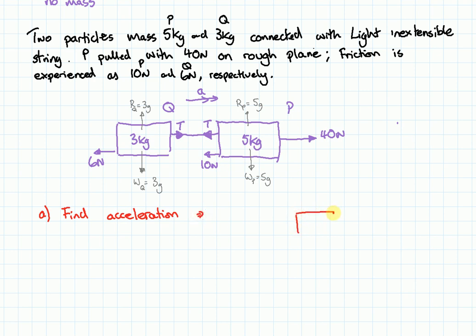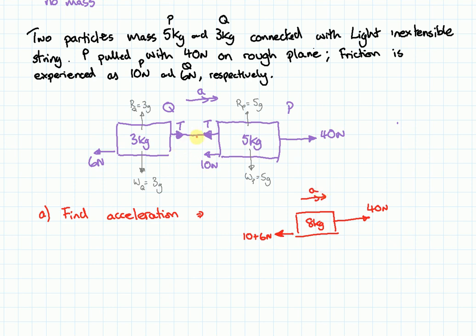So we've got a single mass. The mass is 8 kilograms, being pulled one way with 40 newtons, being pulled back with resistance forces together. So it's got 10 plus 6 newtons. And the net result of those forces is an acceleration.